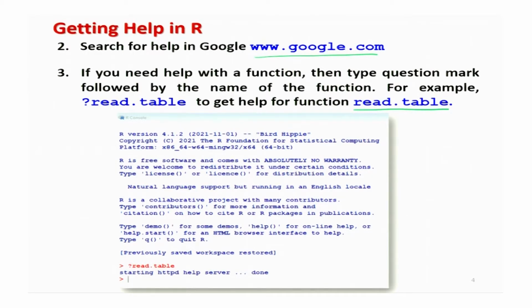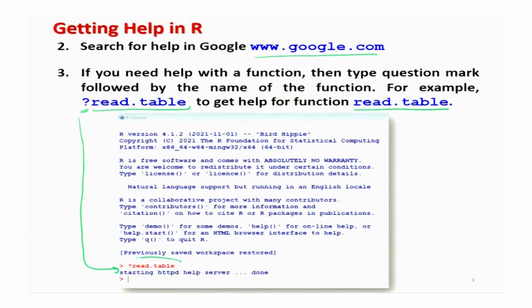So, now I want to know about this command. What I can do is write a question mark, and then write the read.table command. This is the job which I have to do here at this prompt sign. You can see, this is the same screen.